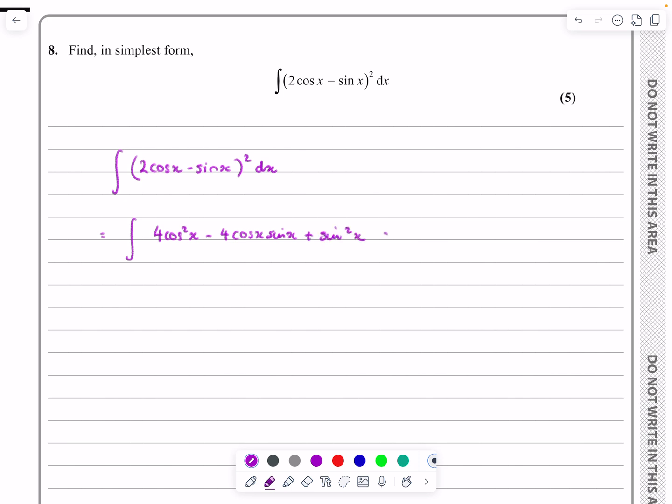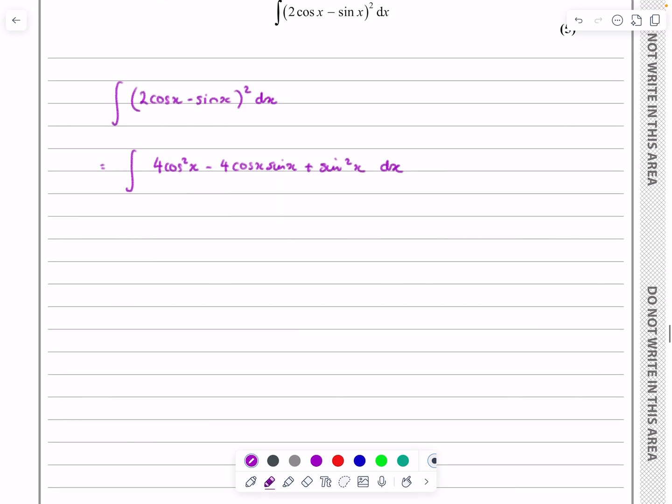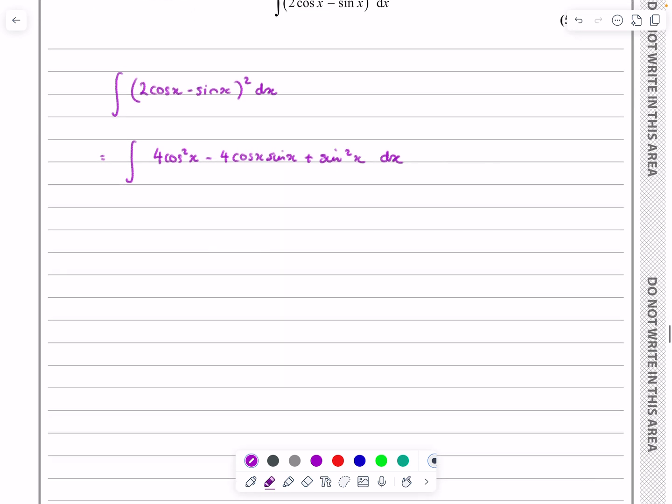So hopefully at this stage you've practiced all your different integration techniques. I don't like cos squared or sin squared. What I'm going to do is change the cos squared to 1 minus sin squared, get everything in terms of sin squareds, and then see if I can do anything with the sin squared. And for the 4 cos x sin x, it's really important you know your trig identities really well.